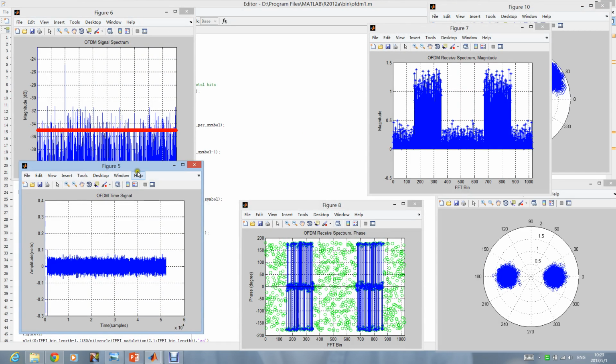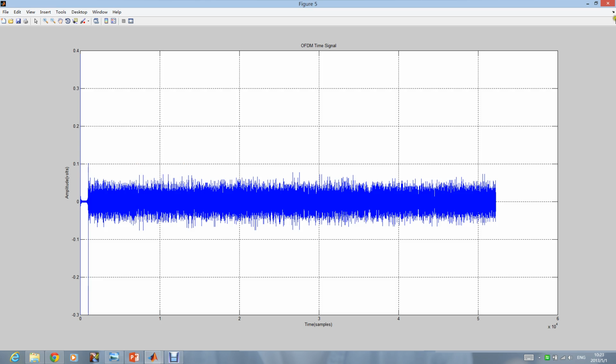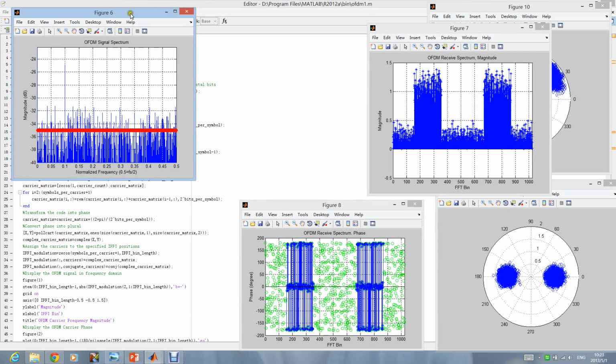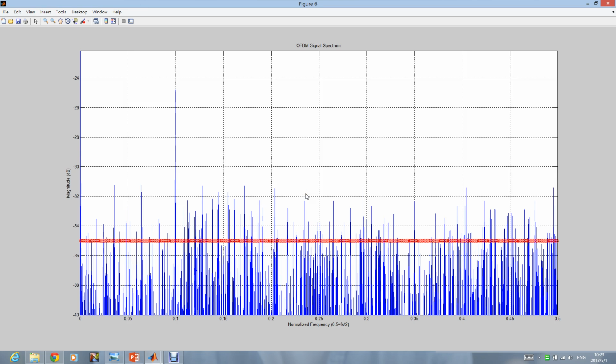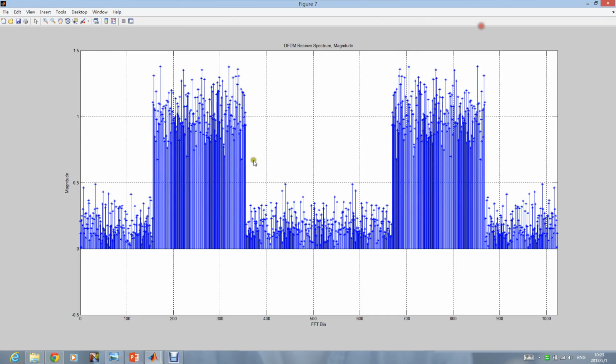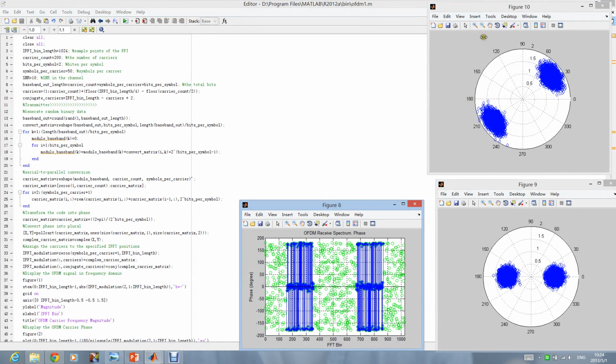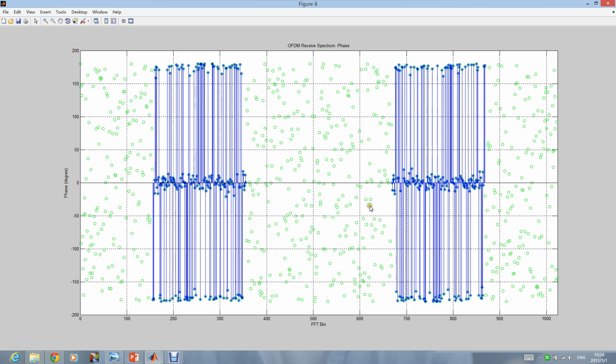And image 5 is the OFDM time signal. Image 6 is the OFDM signal spectrum. Image 7 is the OFDM receiver spectrum magnitude. Image 8 is the OFDM receiver spectrum phase.